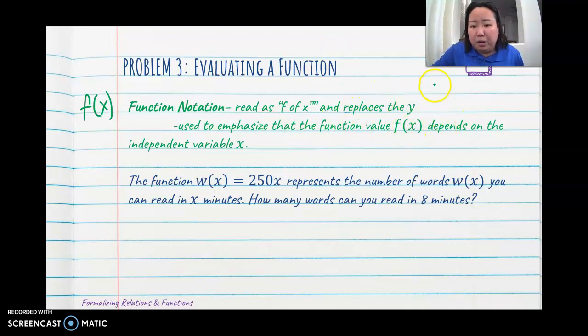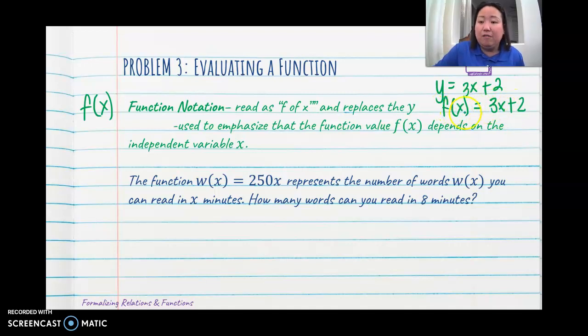Say, for example, if I have y is equal to 3x plus 2, this could be written in function notation by replacing the y and changing it to f of x. It means function of x, meaning x is the input. And you can see from the rest of the expression that you have 3x, that's your variable, that is your input. And so this expression is a function of f, okay?